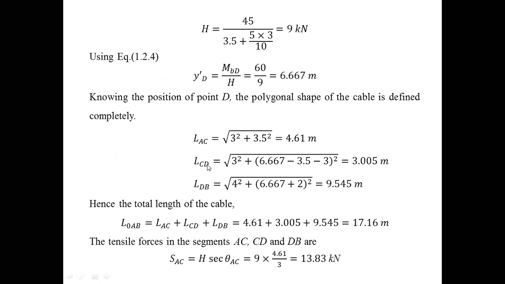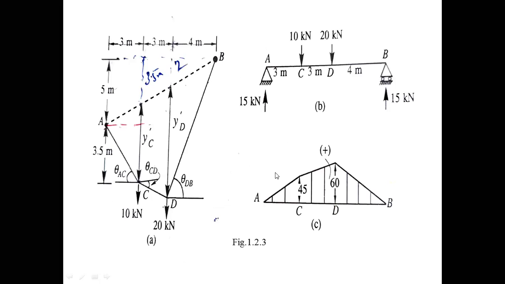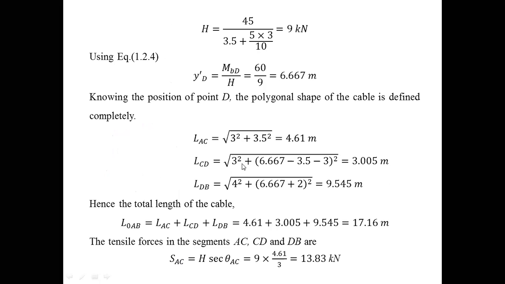And similarly L_CD and similarly L_DB. You use only the simple Pythagoras theorem to find the lengths of the segmental cables. Then the total length of the cable, L, is equal to L_AC plus L_CD plus L_DB. The total length of the cable is calculated as 13.